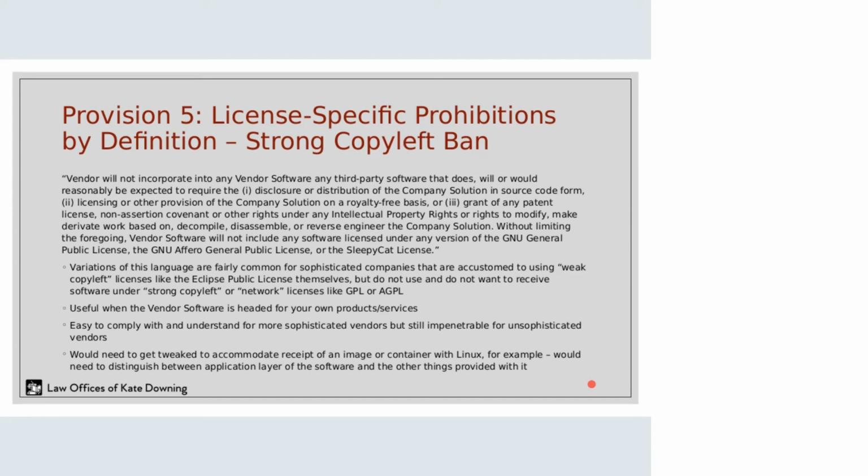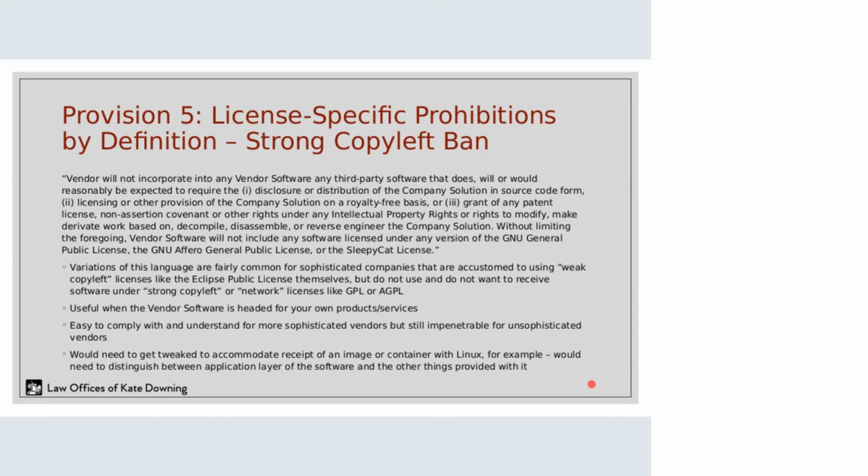The reason for that is that the weak copyleft licenses require that you provide the source code to those packages, but they're not viral, right? They don't require you to provide the source code to all derivative works of that package. So if you have a commercial product, you can include weak copyleft in it so long as you provide source code. It's not that hard to comply with.